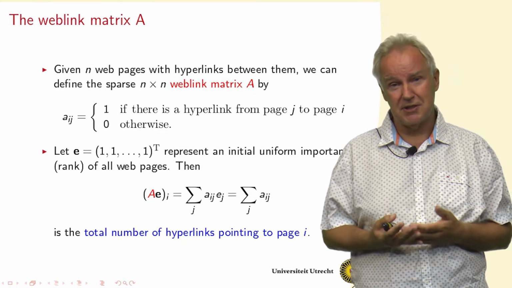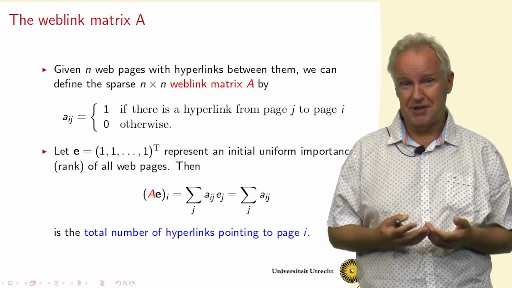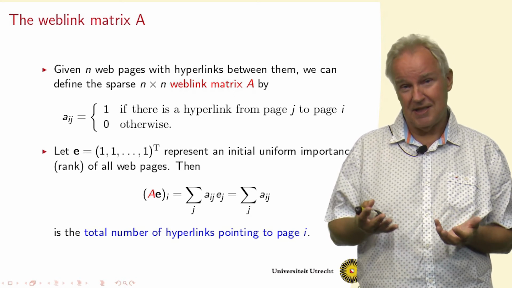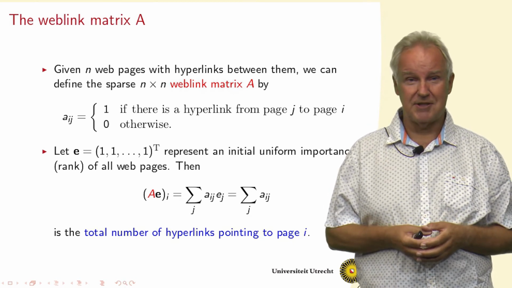That's why this matrix is sparse. But it is huge. There will be billions of web pages, and so we have a very large matrix.